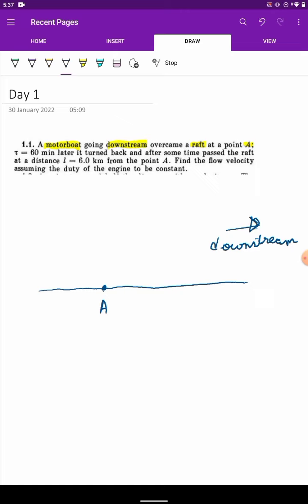By "it" they refer to the motorboat, and after some time it passed the raft. So it turns back after an hour or 60 minutes, and it takes some time, at a point it changes direction, and after some time it passes the raft again.